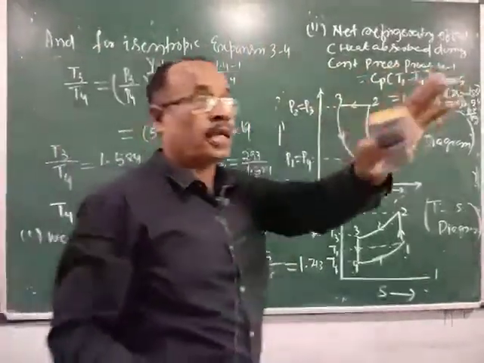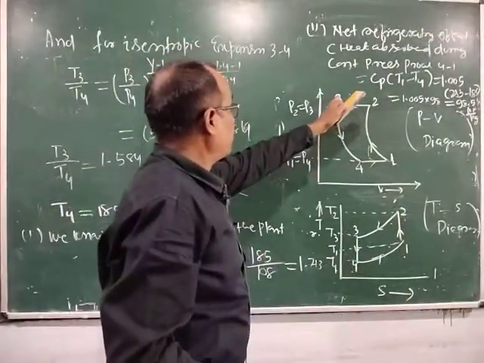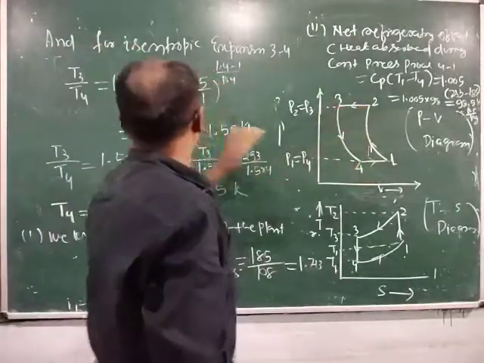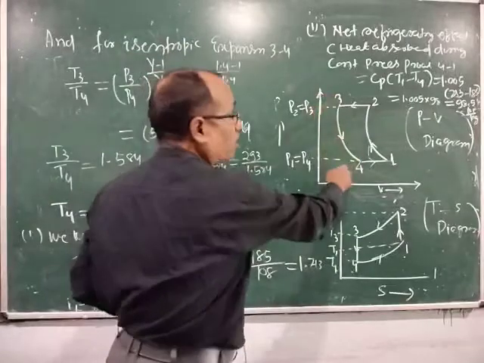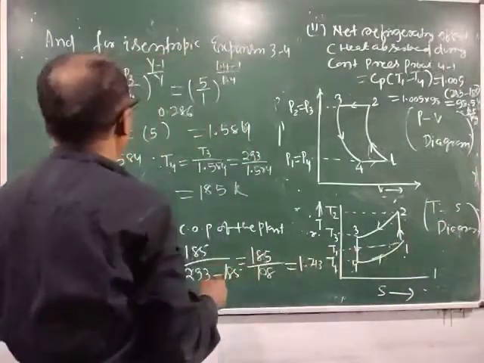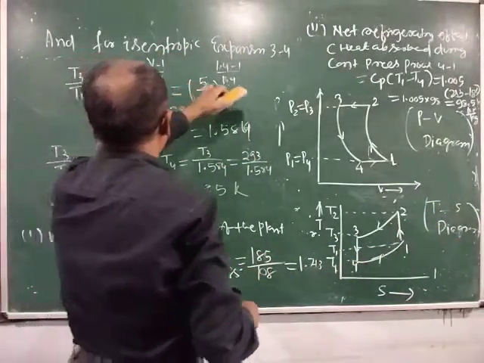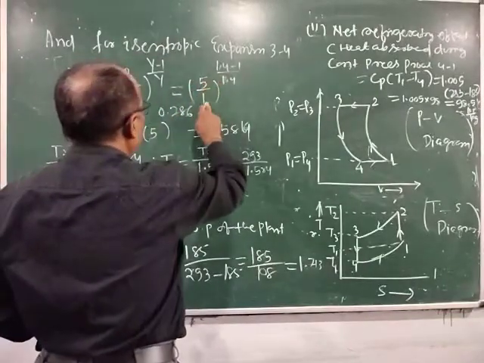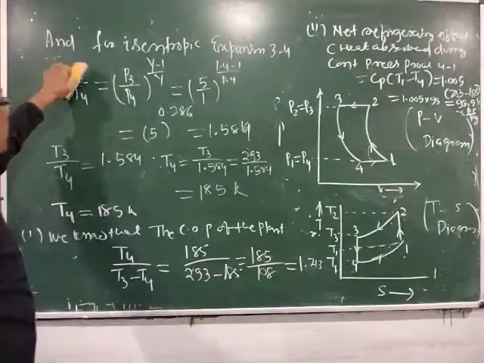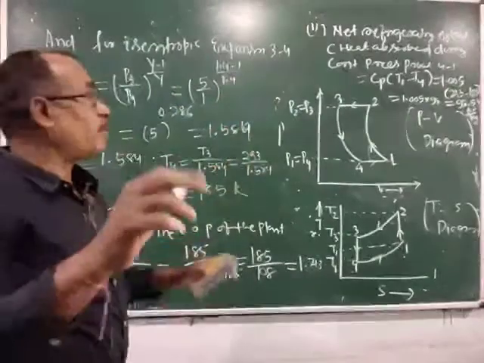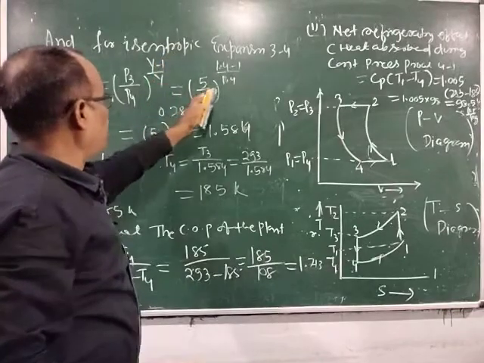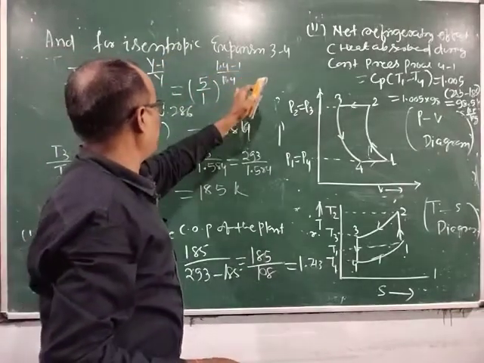Now for the isentropic expansion process, that is from 3 to 4, T3 by T4 is equal to P3 by P4 to the power gamma minus 1 by gamma, which is equal to 5 by 1 to the power 1.4 minus 1 by 1.4.